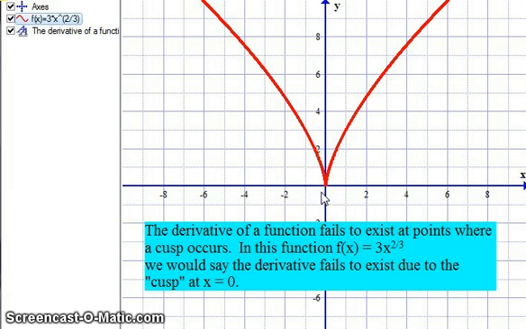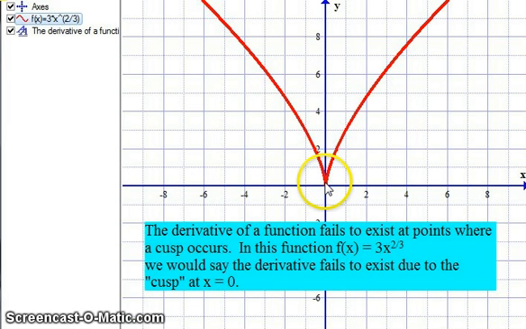So in the instance of this function, if we think about slopes of tangent lines and rates of change, notice that this function is becoming nearly vertical.